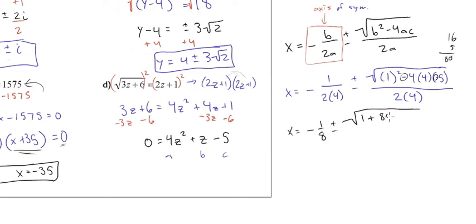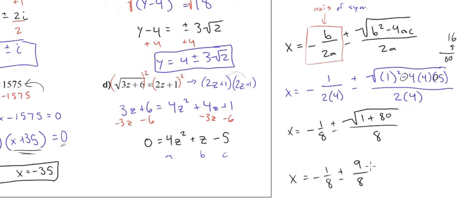So plus 80, all over 8. And that will continue to simplify. The square root of 1 plus 80, so the square root of 81 is 9. So we have x equals negative 1/8 plus or minus 9/8.